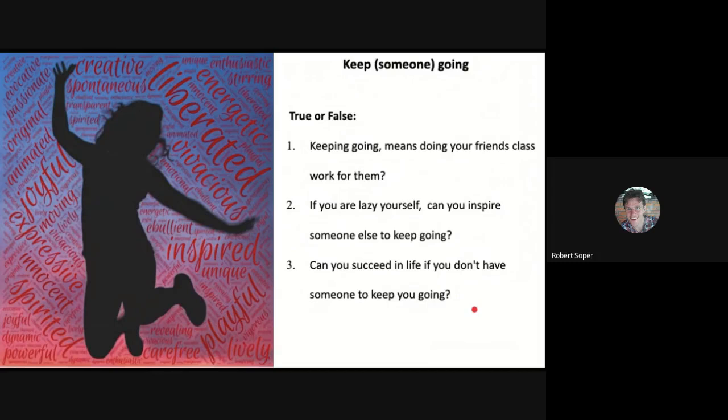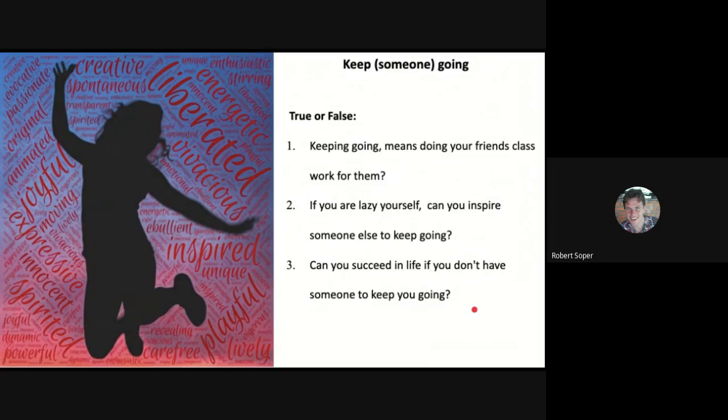Again, in most cases, this is false. You won't be able to succeed in life if you don't have someone to keep you going. So, usually, we need someone to support us, either our family, our friends. Our friends encourage us, they give us motivation, they tell us to keep trying.